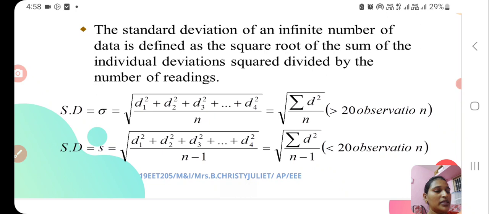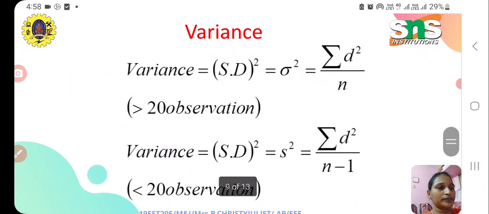Then that will be the standard deviation. So the formula is the square root of summation d square by n. It is for only less than 20 observations, 20 readings. If the number of readings is more than 20, then it is summation d square by n minus 1.